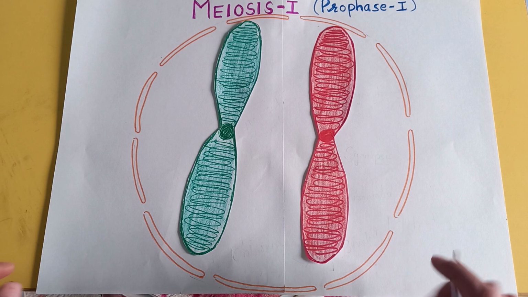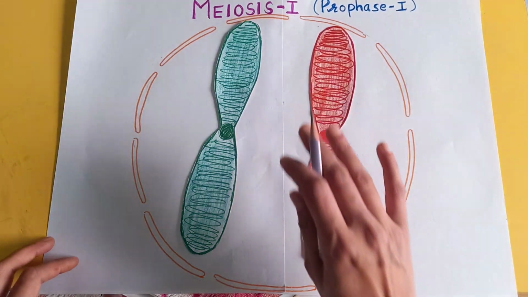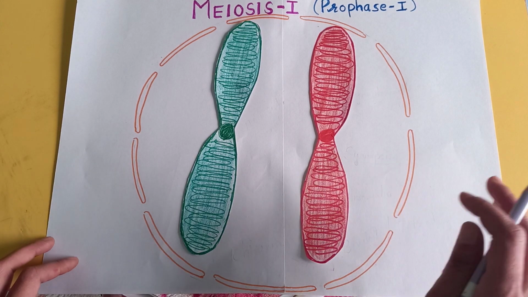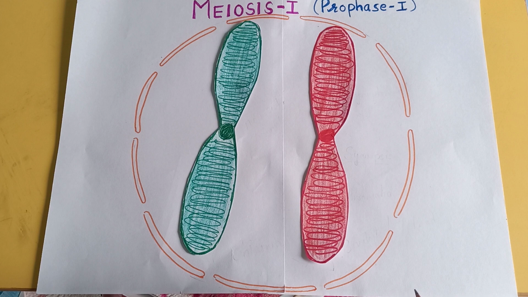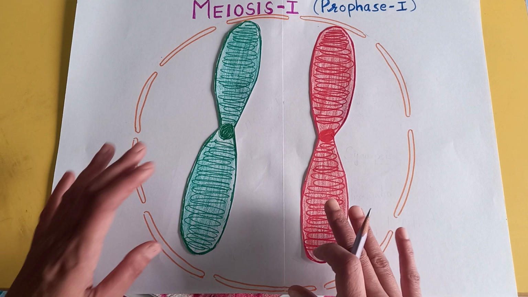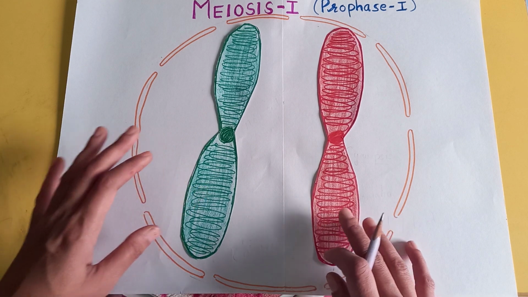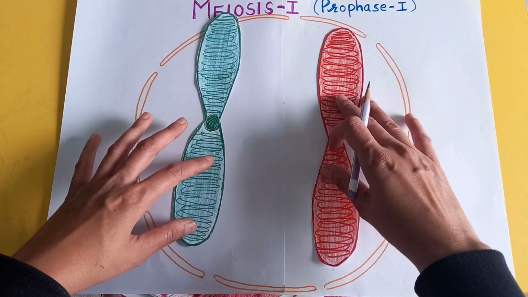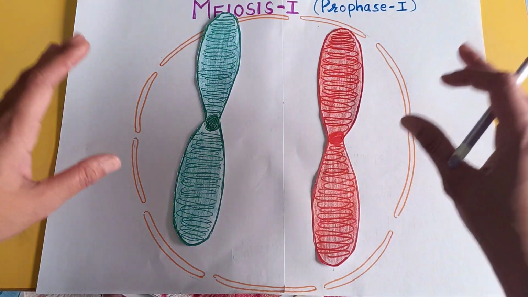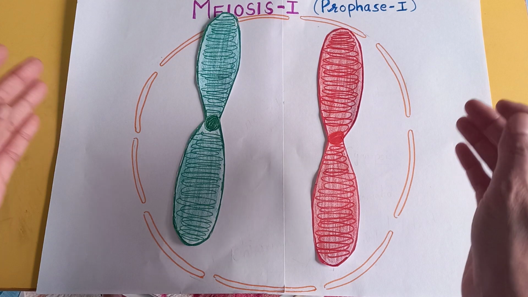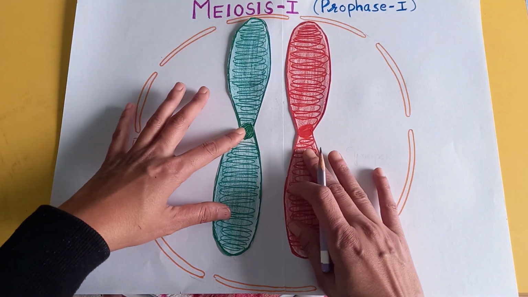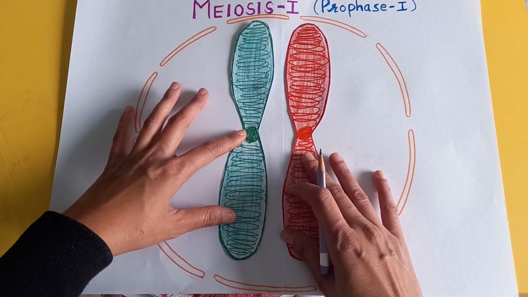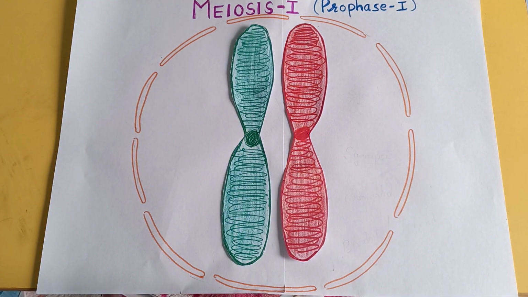And we know meiosis occurs in a diploid cell to form haploid daughter cells, as the number of chromosomes is going to reduce. So these chromosomes which are coming from father and mother start pairing, they start coming close. And this process, when they start coming close, is called synapsis.